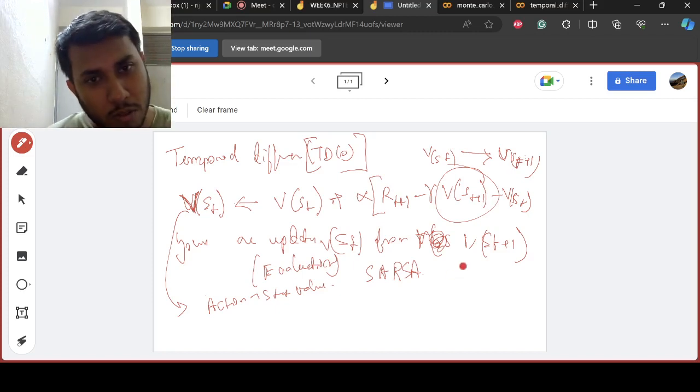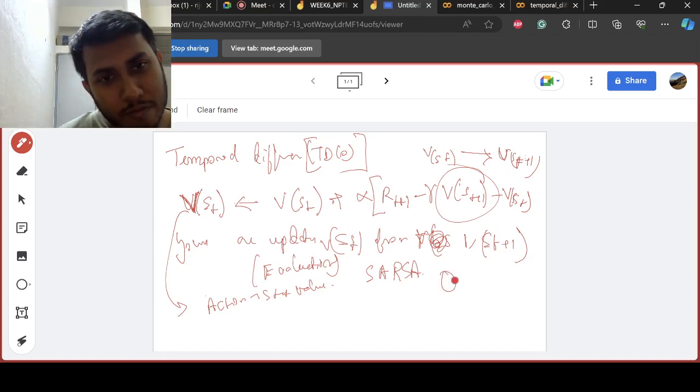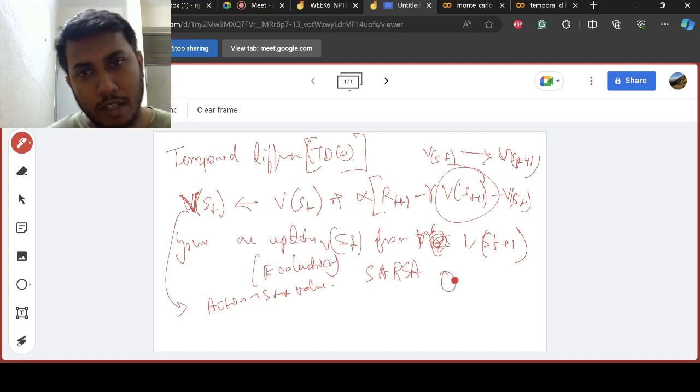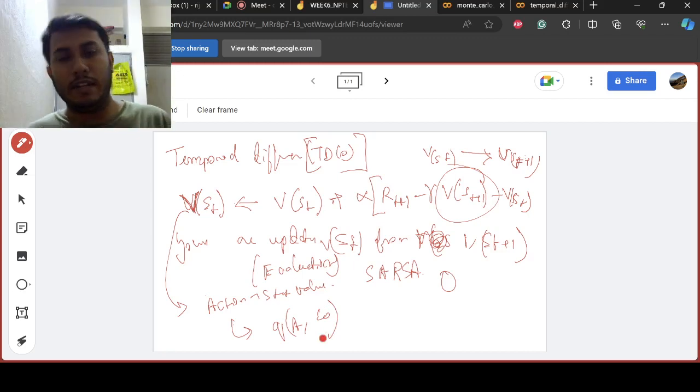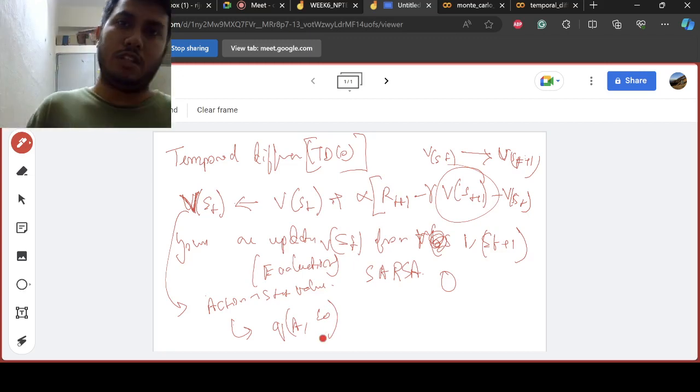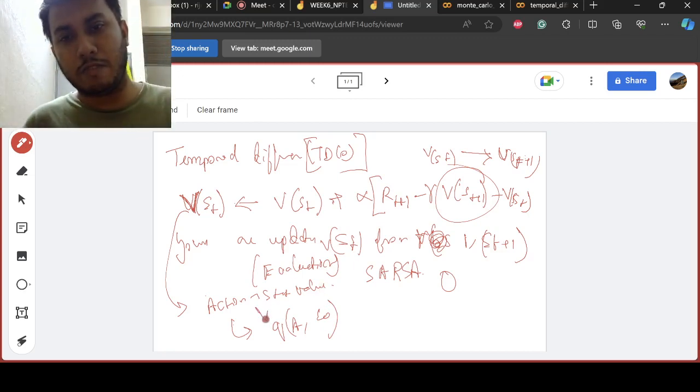From your corner, when you are sitting here, you only need to observe the next state. But in SARSA, you need to check the state as well as the action. You are basically filling out this part.